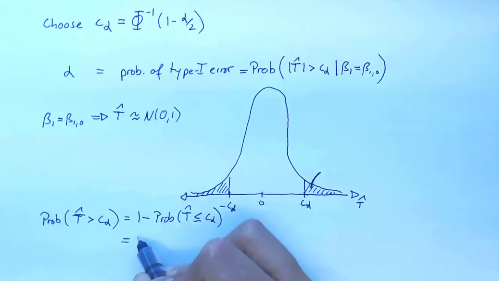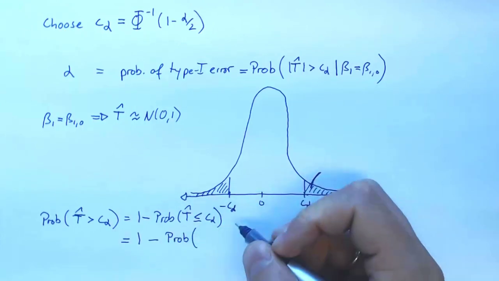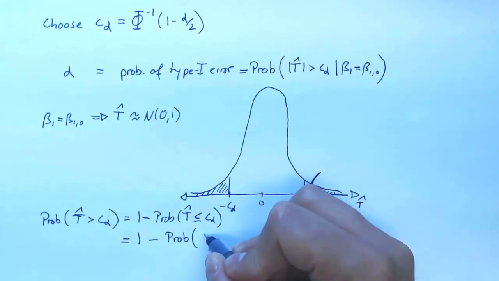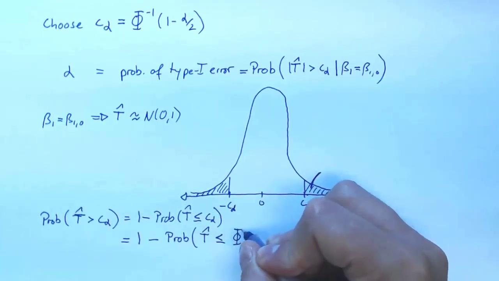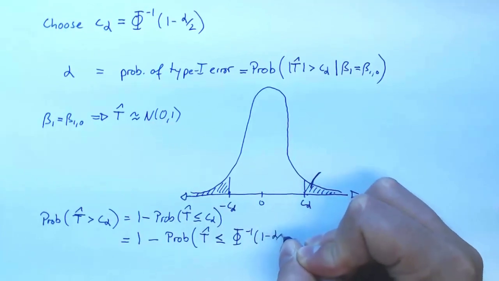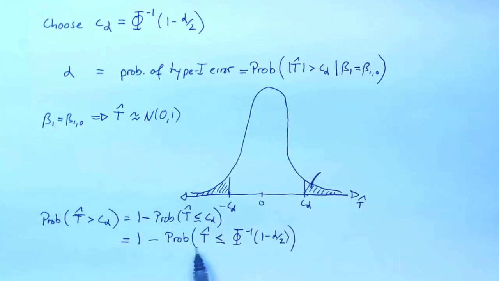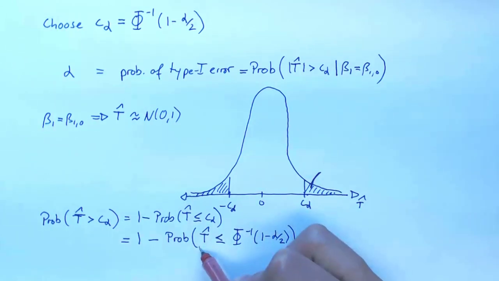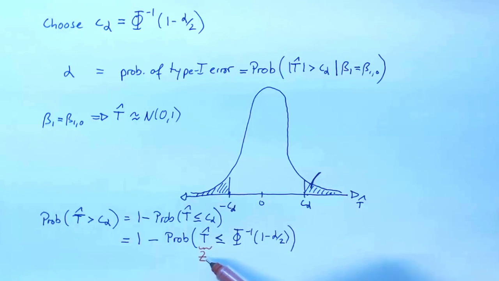Why is that? Well, let's plug that in. This looks like something that you've seen before in the revision for normal quantiles, except there you saw a z, but z was just any standard normally distributed random variable.